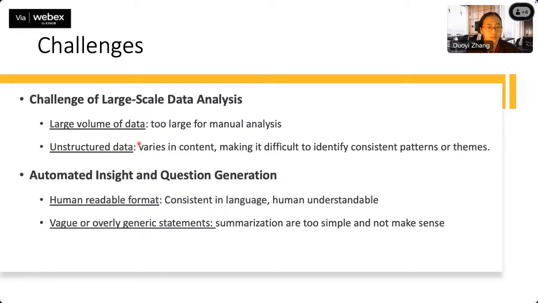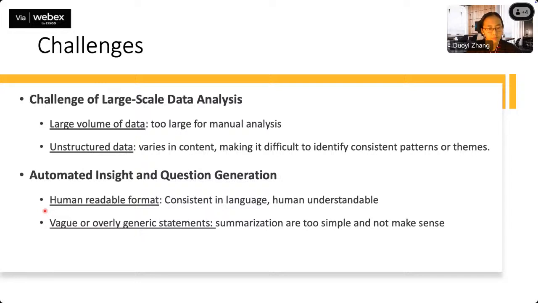Unstructured data can result in varied content across the documents or reviews they get. This can make it difficult to identify consistent patterns or themes, because our goal is to understand general pinpoints. Another challenge is how to automatically generate insights or questions given this large volume of data. The first thing is that the generated output should be human readable.